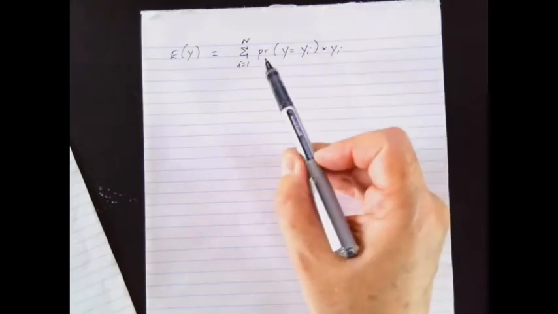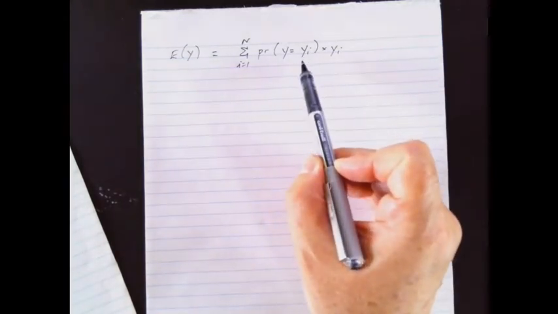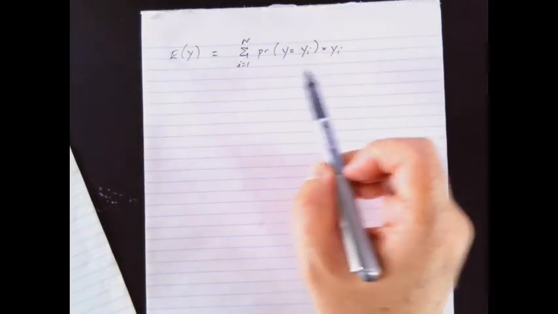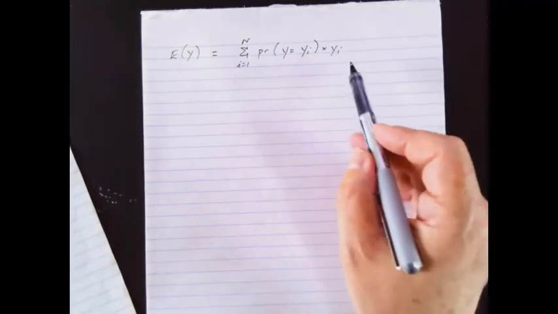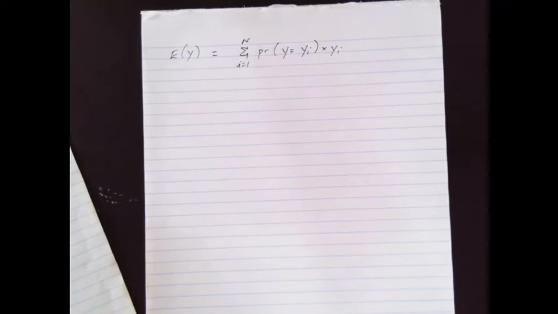So again, the probabilities all have to add up to 1, and yi just refers to the individual observation that we observe.